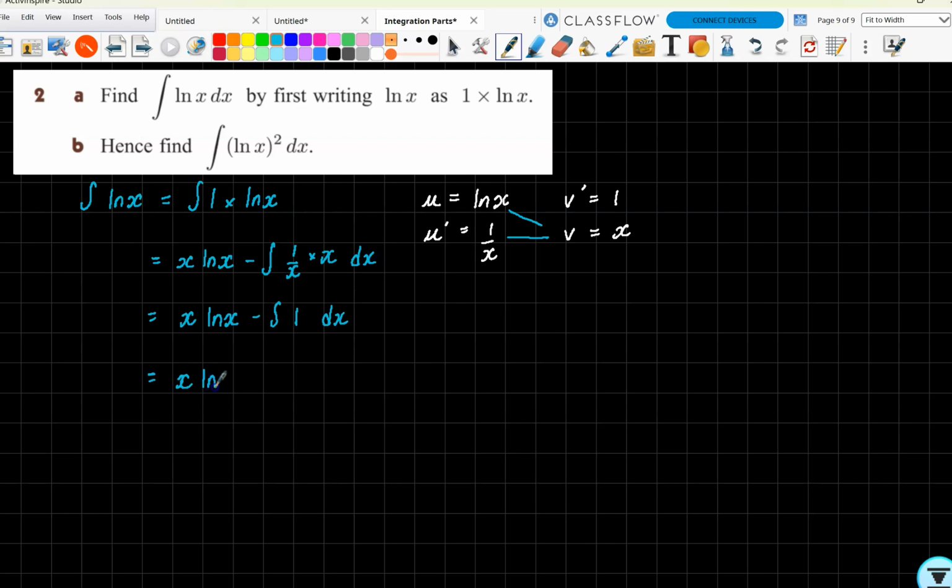So we've got x ln x minus x plus c. Alright, so that's part A. Now let's have a look at part B.